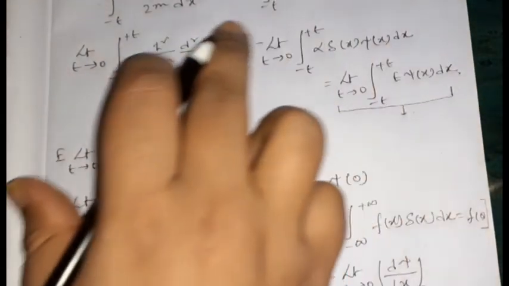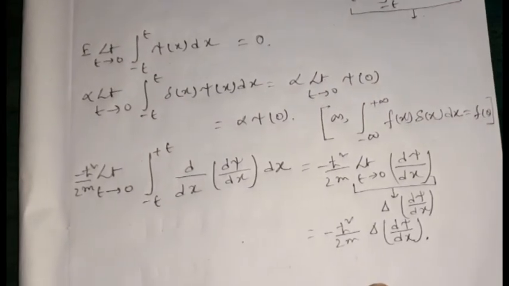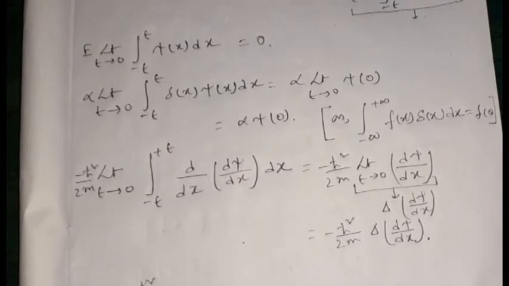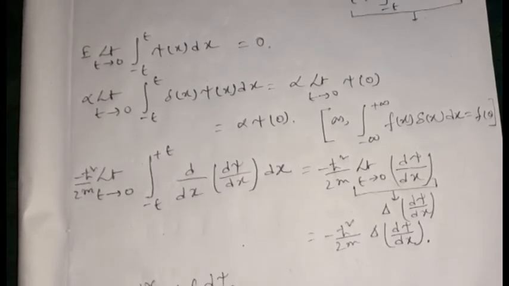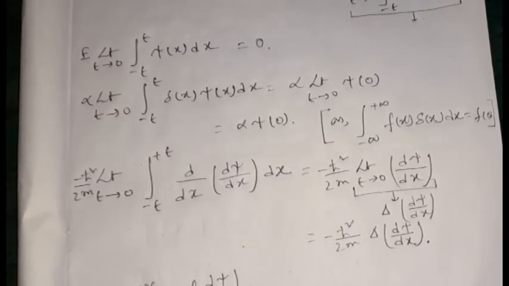Now rewrite this equation. I get minus h cut square over twice m delta d psi dx equal to alpha psi 0.